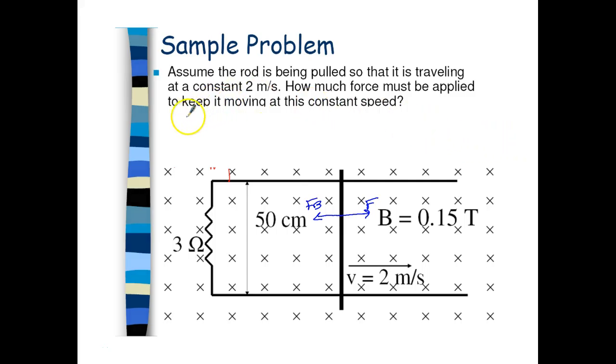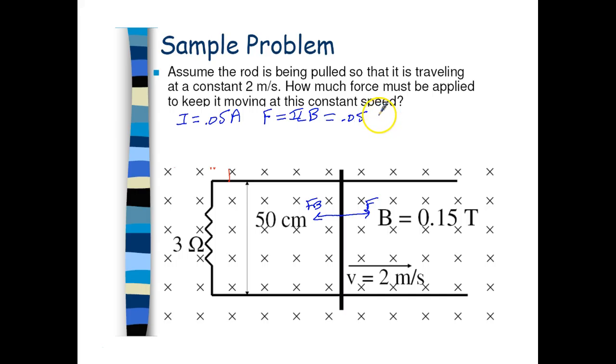And we know that our current here is equal to 0.05 amps. That's what we just did. And we need to use the force equation for the magnetic field along this wire. So here we've got F is equal to ILB. Our current is 0.05 amps.